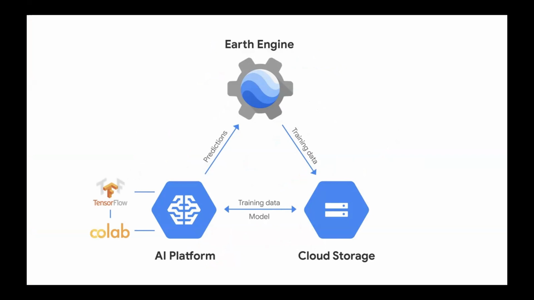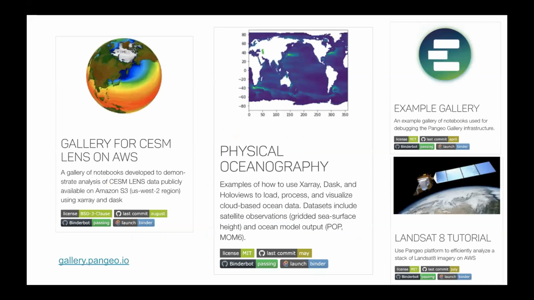You can train some models with Google's AI Platform, and then you can actually run machine learning models within Earth Engine now. So you could have trained a neural network to detect deforestation events, and then you can run that neural network within Earth Engine on new imagery.